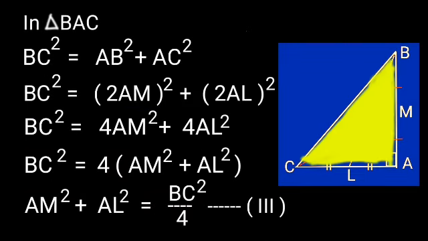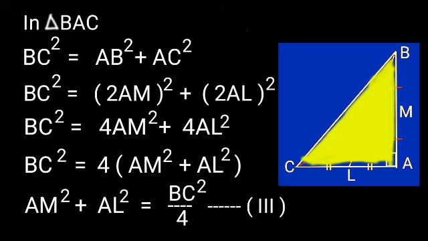In triangle BAC, by Pythagoras theorem, BC square is equal to AB square plus AC square. Next step, BC square. AB is twice AM. Substitute the value. AC is nothing but twice AL.